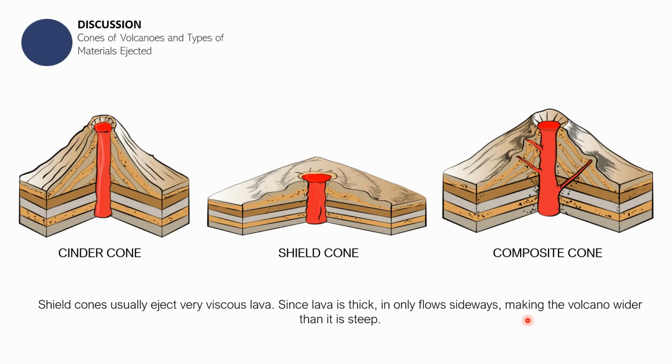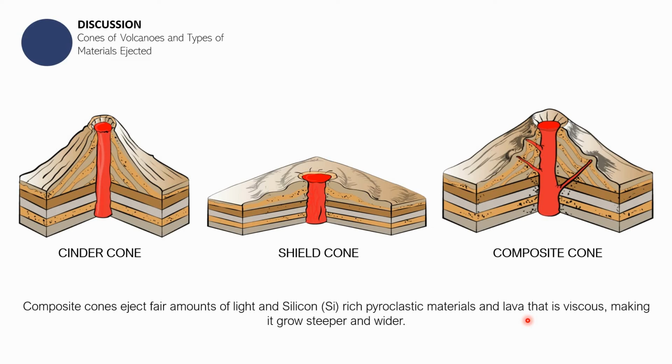And then the next one is a composite cone. For composite cones, it's a combination actually of the characteristics of both cinder and shield. Meron siyang fair amounts of light and silicon-rich pyroclastic materials, and then it also has viscous lava, making it grow steeper and wider at the same time.